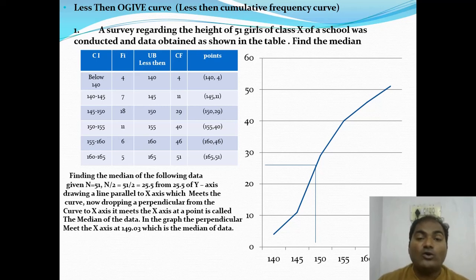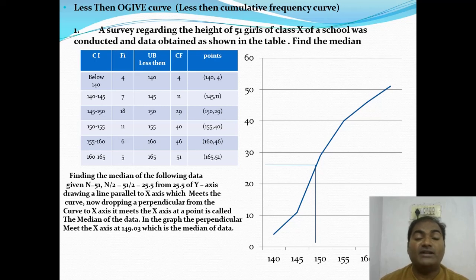Now see how we take the upper boundaries. For the less than ogive curve we consider the upper boundaries. Below 140, 140 to 145, you can take it as centimeters. Now we have taken all the upper boundaries: 140, 145, 150, 155, 160 and 165.